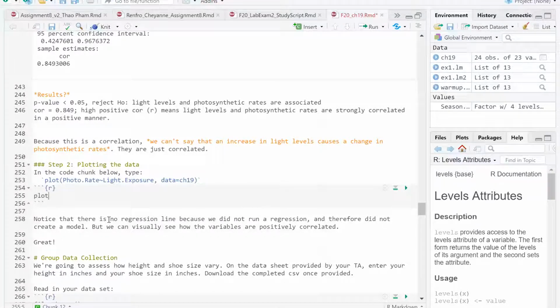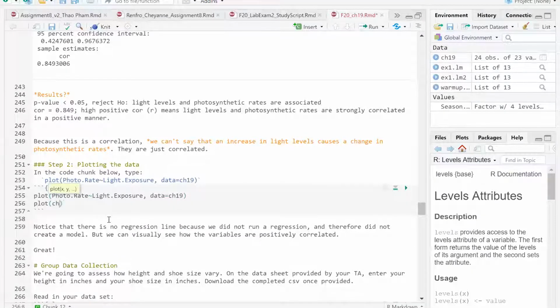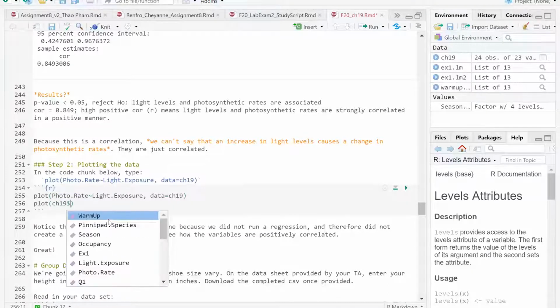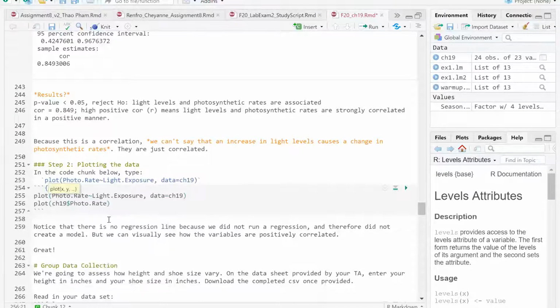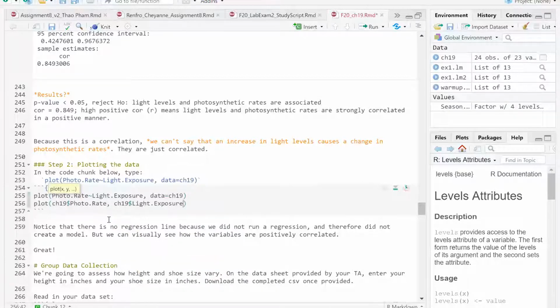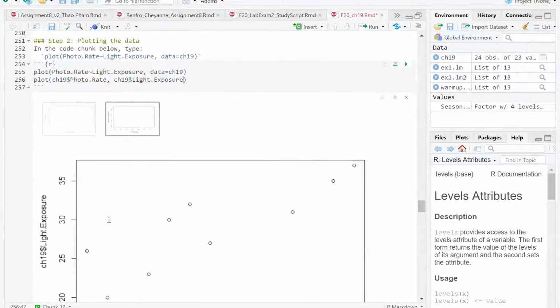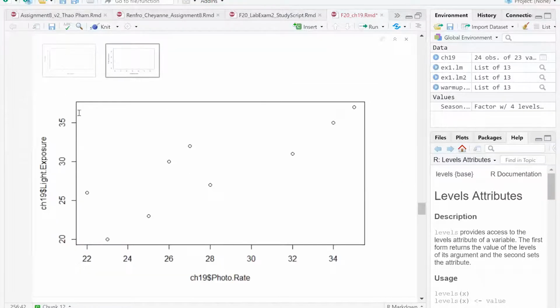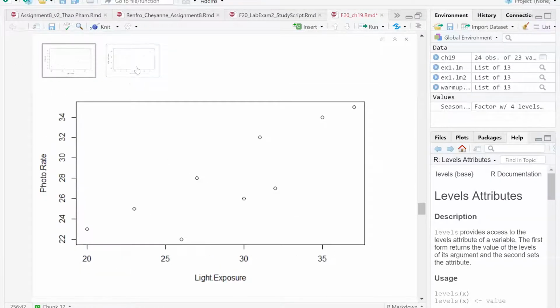So plot photo rate by light exposure, data equals chapter19. And you could also, again, up to you, do it this way as well. Oh, I always forget about that.